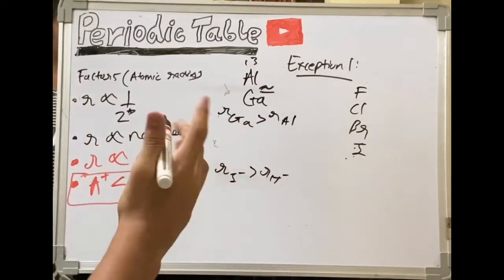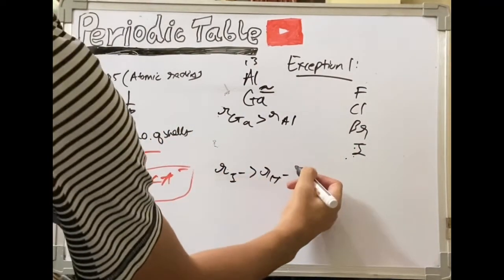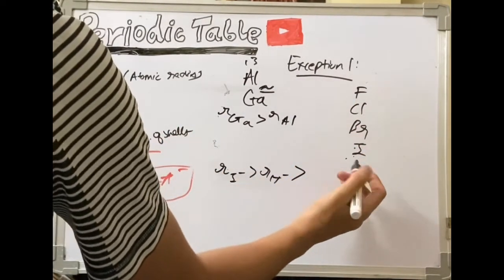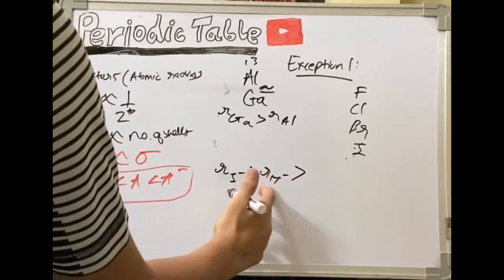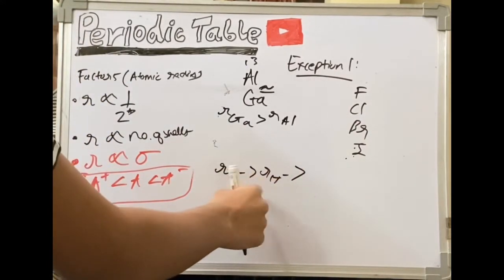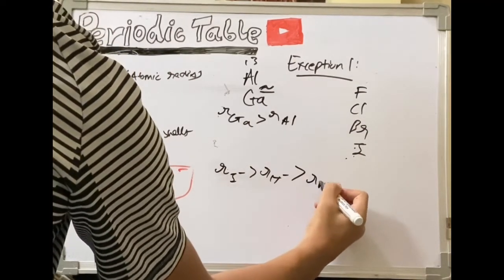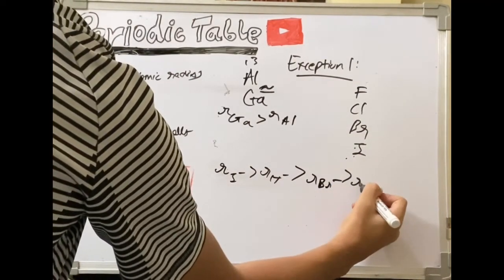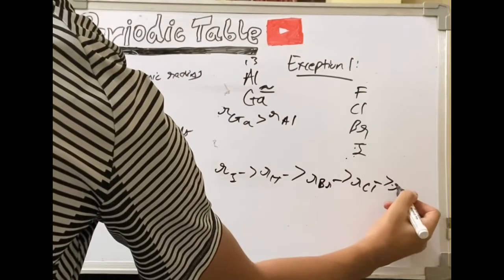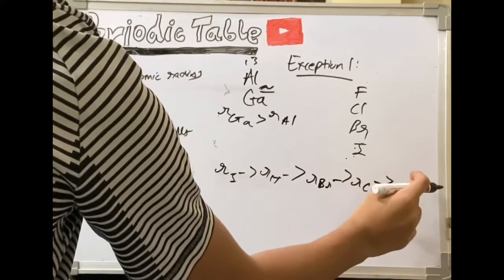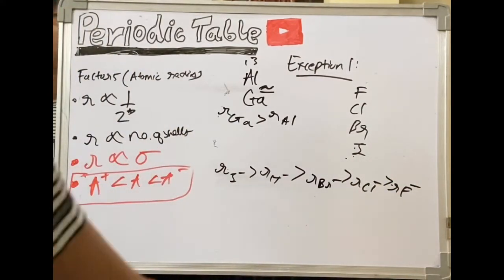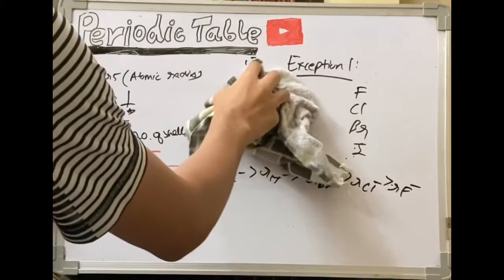So you have to just remember the position of hydrogen in this series, and it goes the same way. So it will be R Br minus, R Cl minus, and R F minus. These are the two exceptions mainly in atomic radius.